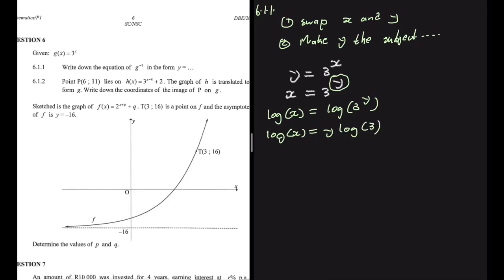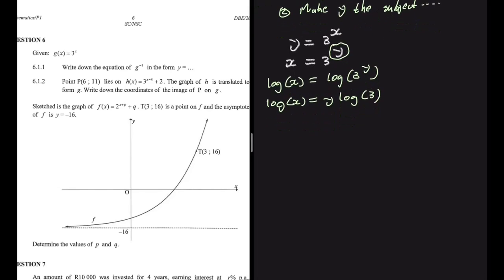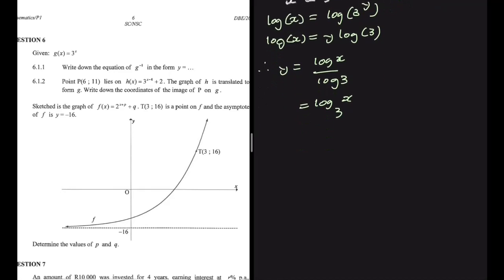We're going to divide both sides by log of 3. If we do that, we're gonna therefore get y being equals to log of x divided by log of 3. We can write it nicely and say y is equals to log of x base 3, and that is the equation of g inverse in the form y is equals to. It's quite easy and straightforward.